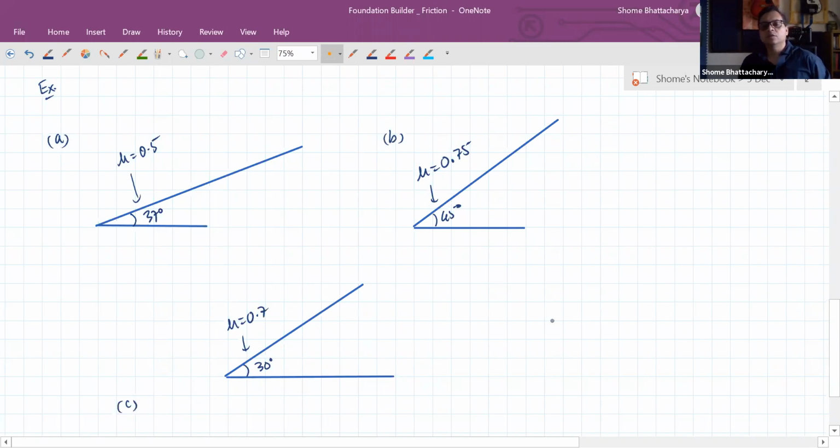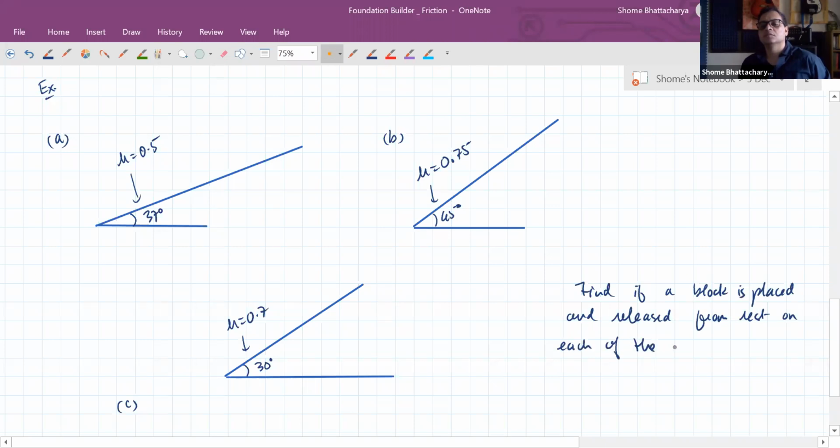So we have to find out if a block is placed and released from rest on each of these inclined planes. Okay.